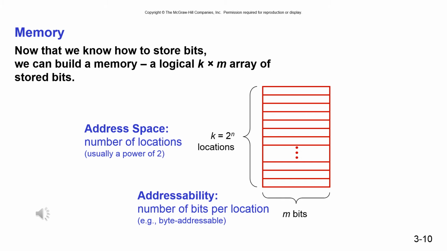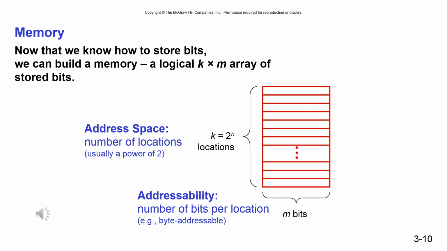So now that we can build a memory. The addressability is the number of bits per location. When you hear about computers that have a 64-bit processor, a 64-bit operating system, that's really an operating system that manages a 64-bit instruction set architecture or a 32-bit instruction set architecture.